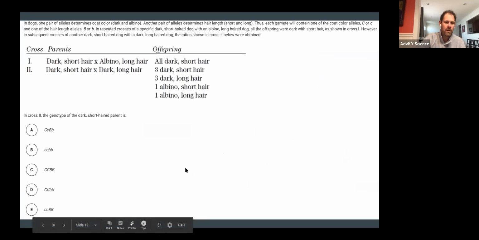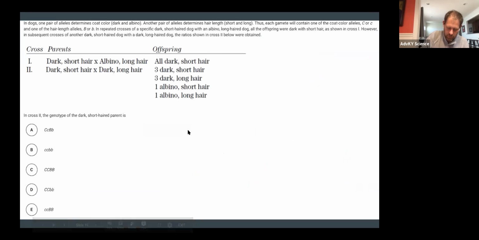Okay. So here's our first genetics question. If we read this, dark is going to be big C, and short is going to be big B. So our dominant traits are dark and short. How do I know that?